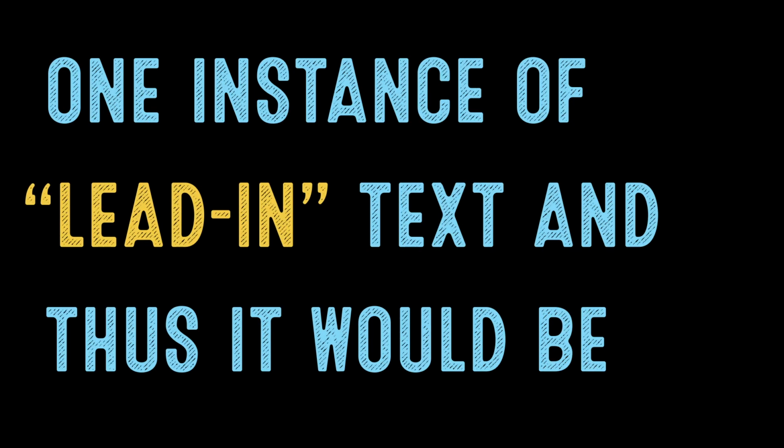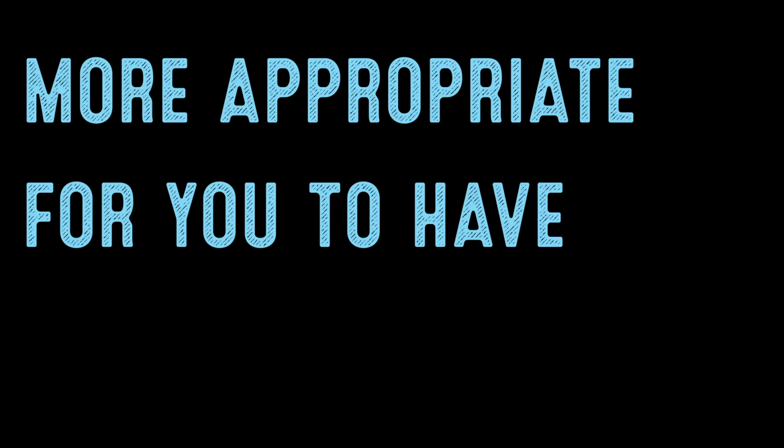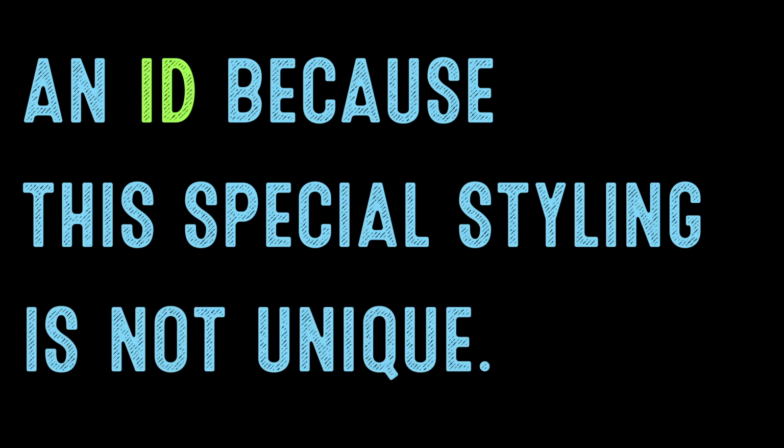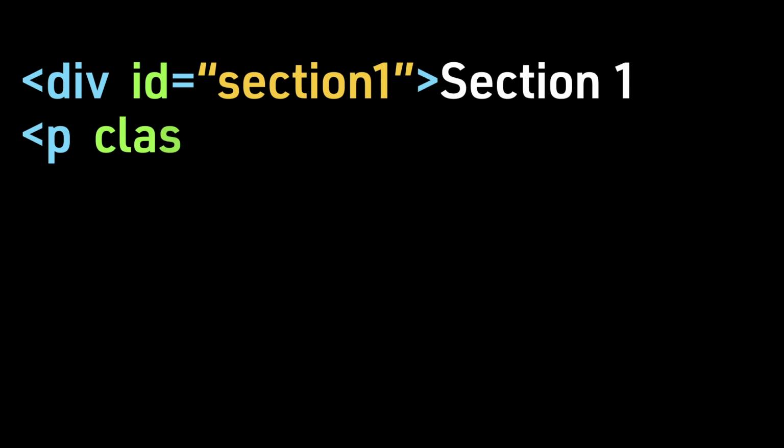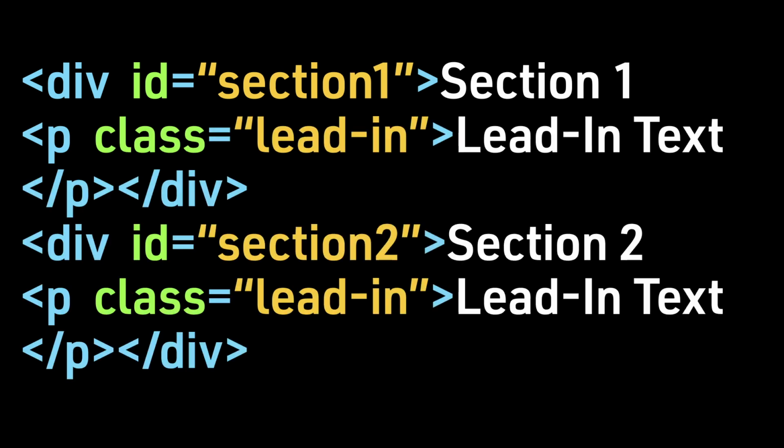Because you have more than one article, you may have more than one instance of lead-in text, and thus it would be more appropriate for you to have a class rather than ID, because this special styling is not unique. Here is an example of the code. You can see that sections 1 and 2 have ID attributes because they are unique, but the lead-in text has a class because it appears more than once.